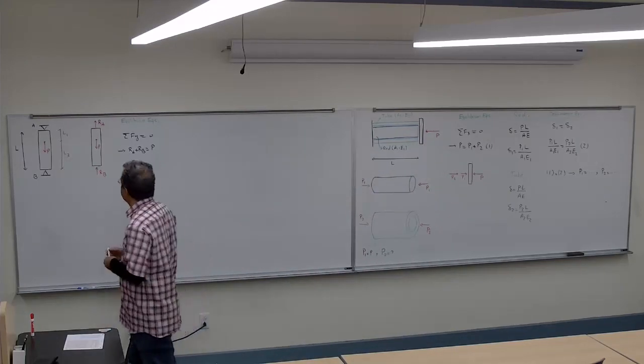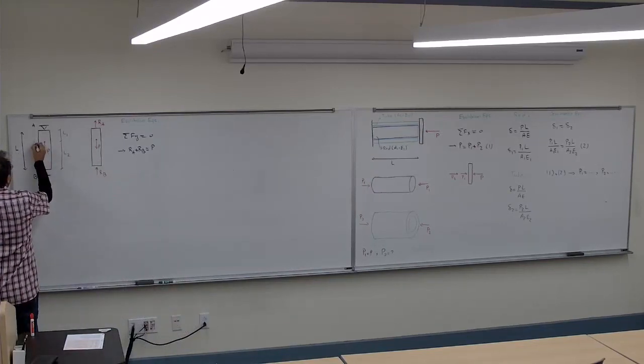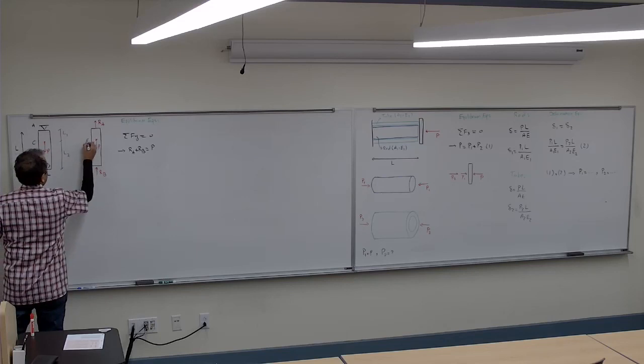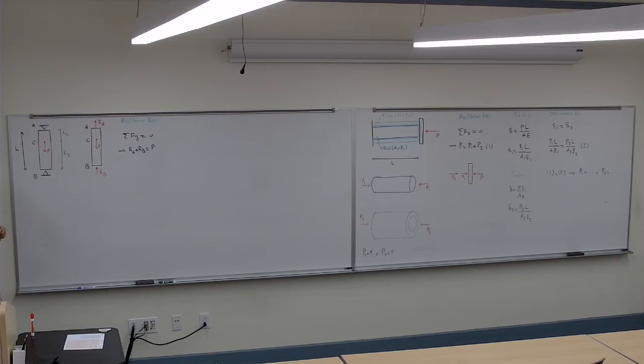B will deform more than A. Let's make these points C. So from C to B will have more deformation than from C to A. Okay, assume that's correct, it still doesn't give us the relationship.